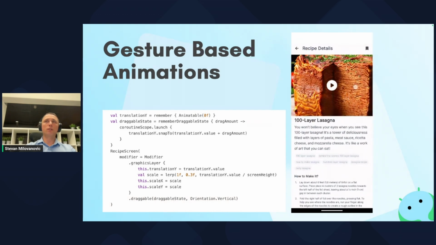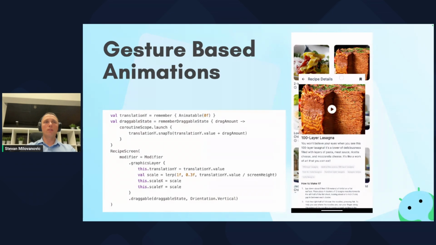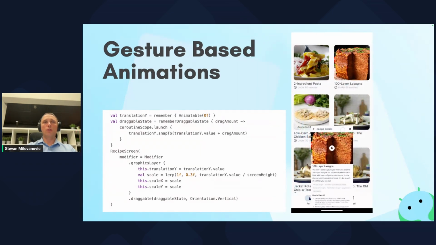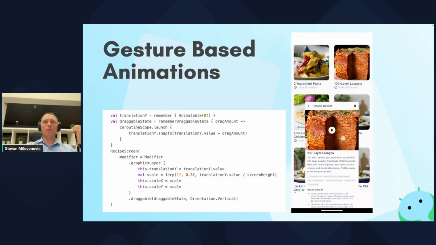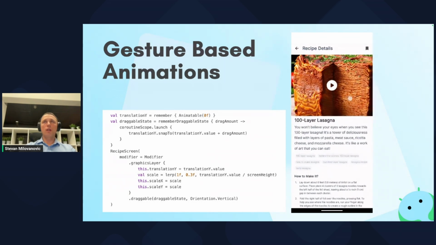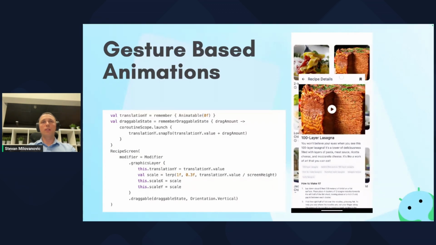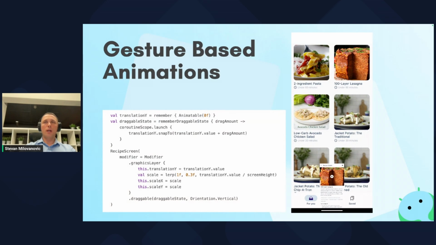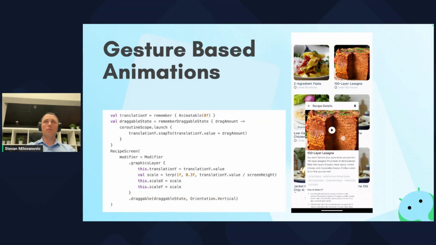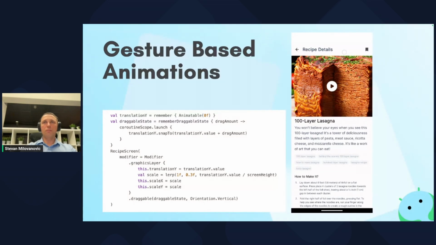So we have some translation on the y-axis, and we have some scaling using the linear interpolation. But what's wrong with this animation is that it doesn't respect the second principle we mentioned. So as you can see, it can end up in any state, and that makes it feel a bit odd.